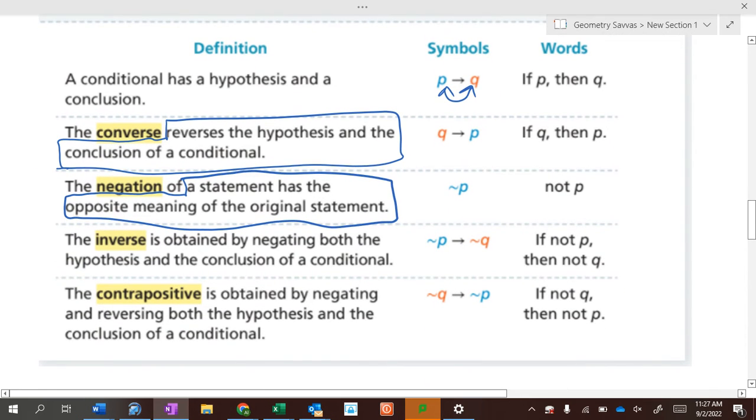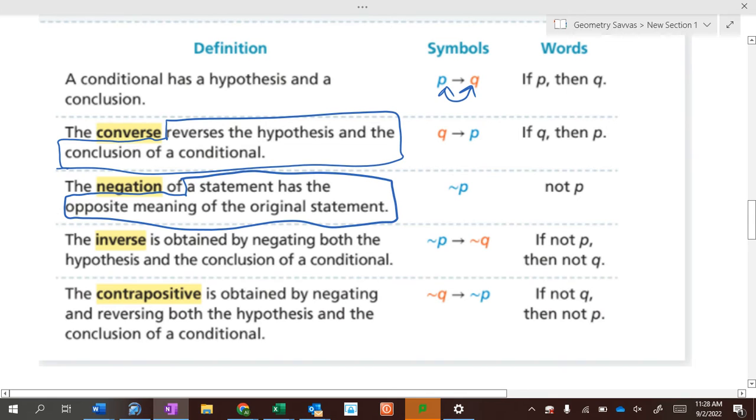Then we're going to have an inverse and a contrapositive. So an inverse is in the same order as the original statement, obtained by negating both the hypothesis and the conclusion of the conditional.